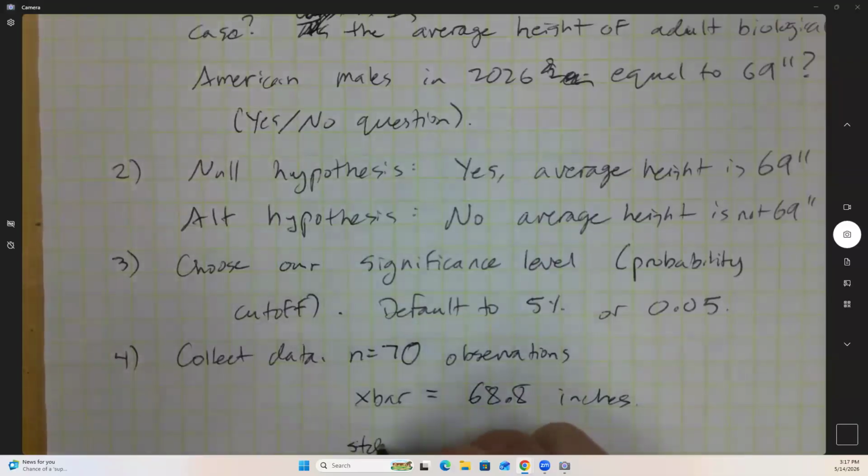We get a standard deviation of the sample, which is 4.9 inches.